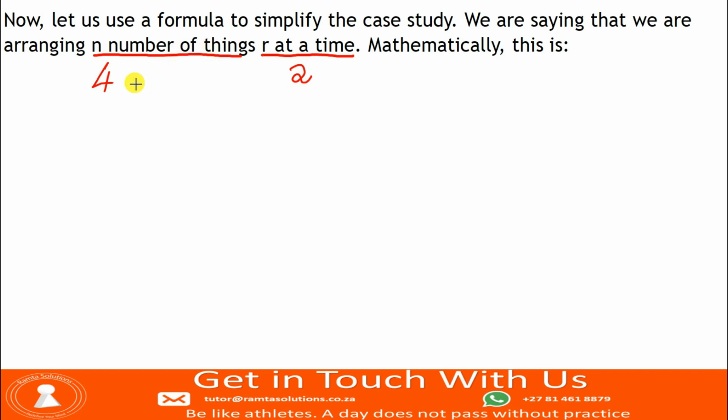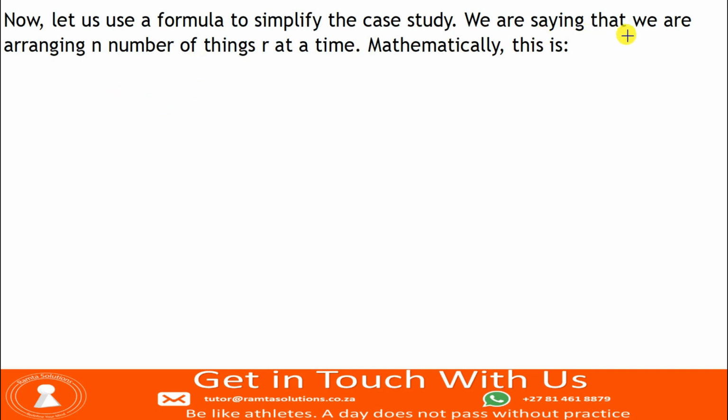So mathematically, we can represent this using factorial notation.